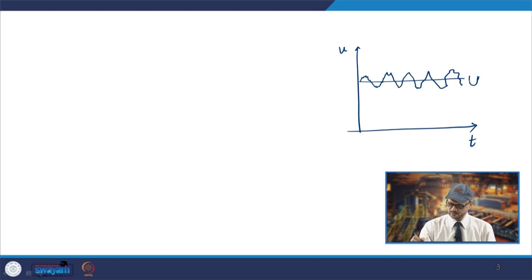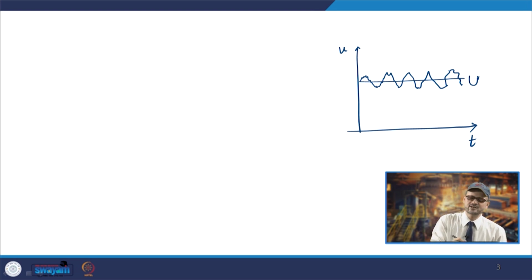So in turbulent flow you have a mean value and a fluctuating component.